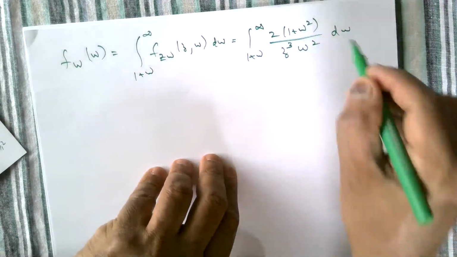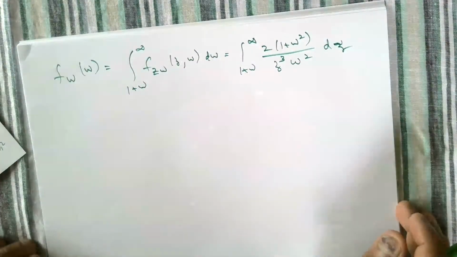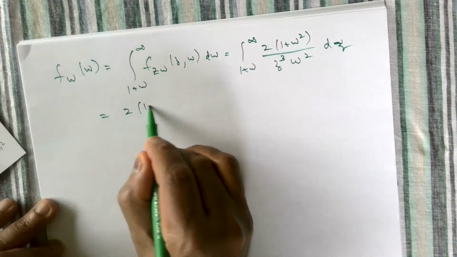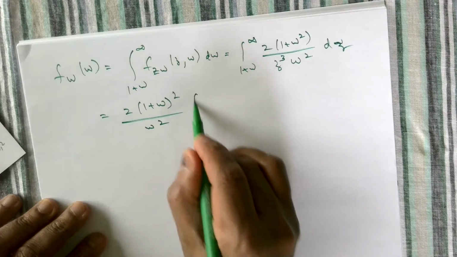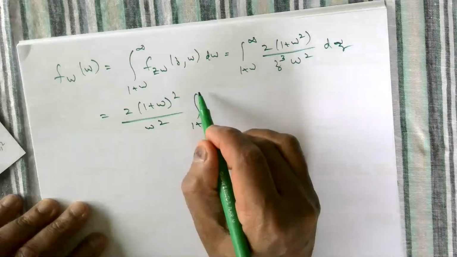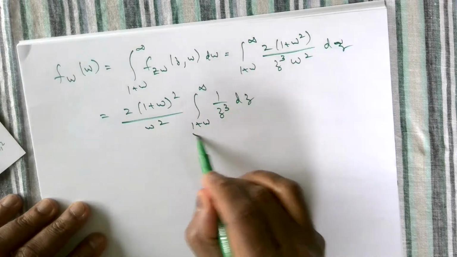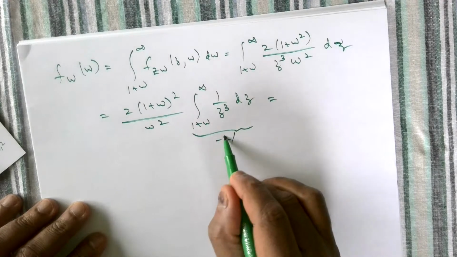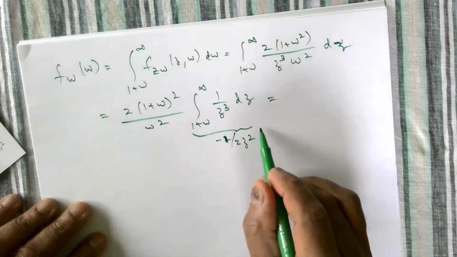So I'm going to pull out all the w terms outside. 2 multiplied by 1 plus w whole squared, w squared, then 1 plus w to infinity of 1 over z cubed dz. So this is much easier. This integration is minus 1 over 2z squared. 2 cancels.